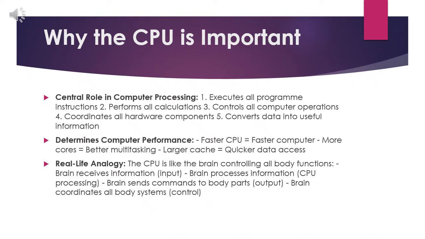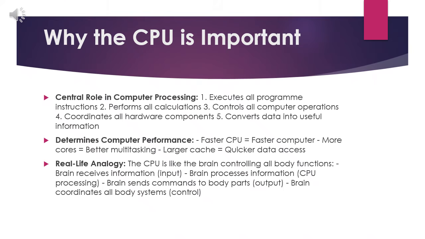It also acts as a coordinator, making sure all your hardware components work together to turn raw data into useful information. Because it does so much, the CPU is the main factor in your computer's performance. A faster clock speed means a faster computer. More cores allow for better multitasking, and a larger cache provides quicker access to your data.